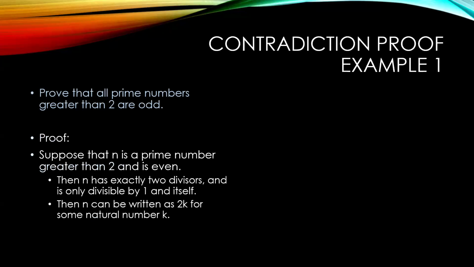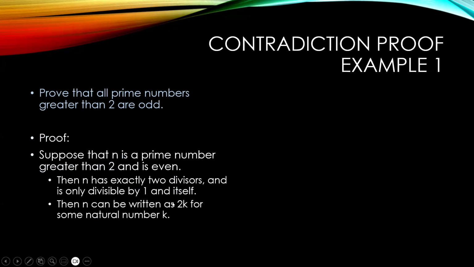Proof. Suppose that n is a prime number greater than 2 and is even. And so we're saying, instead of thinking that it's going to be odd, let's suppose it's even. What could happen? Then n has exactly 2 divisors and is only divisible by 1 and itself. And so that's what it means for this number n to be prime.